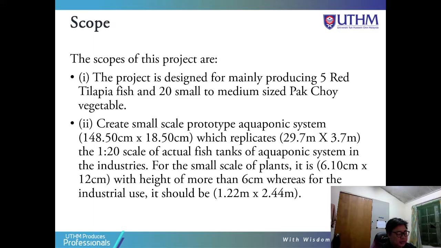So this one I actually refer to reference 13 in the proposal. For the small scale of plants, it is 6.10 cm times 12 cm, with the height more than 6 cm to provide more oxygen in the water.